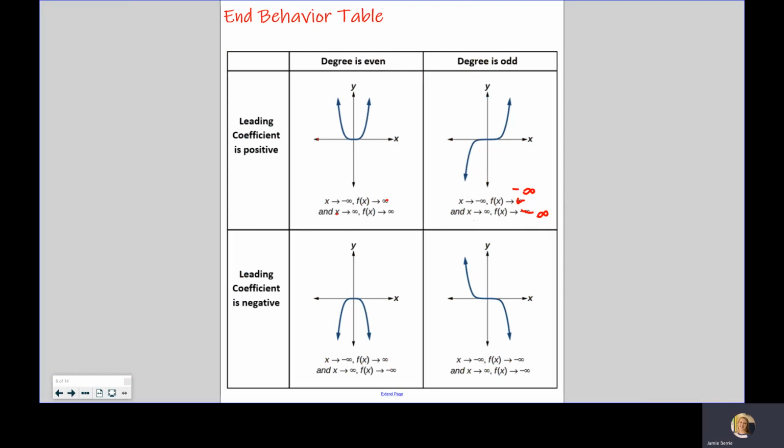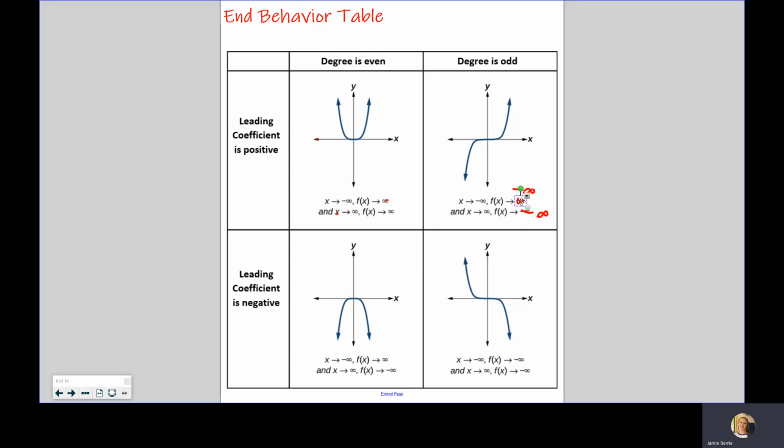We'll be careful as we go through. It looks like some of these are messed up. I copied this part from another end behavior table and I didn't check it. So we'll just be careful here.